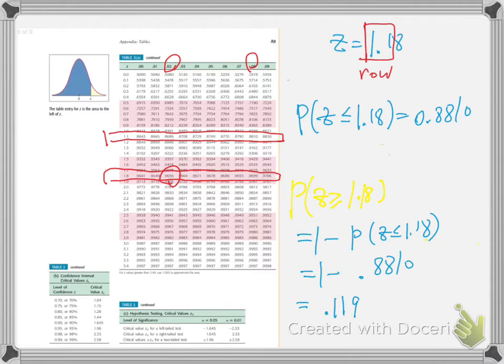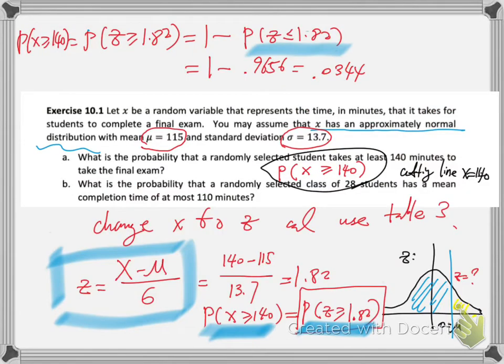That's the blue area to the left of the cutting line in table 3. Then we need the yellow area, so it's 1 minus that, and you get the answer. So for all the questions in lecture 10, the first part is to change X to Z.